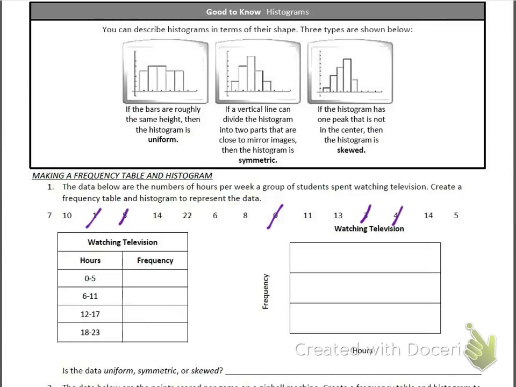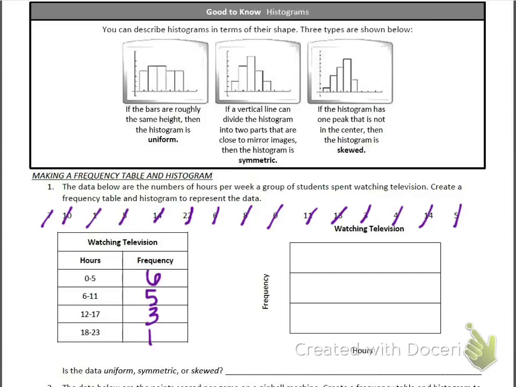The frequency of students that watch between 0 and 5 hours of TV is 6. 6 to 11: we have 1, 2, 3, 4, 5. 12 to 17: 1, 2, 3. And 18 to 23, we had just 1.